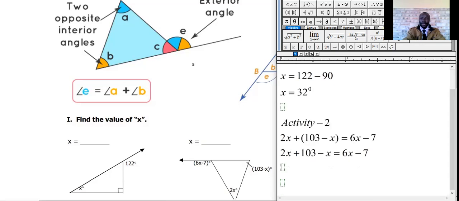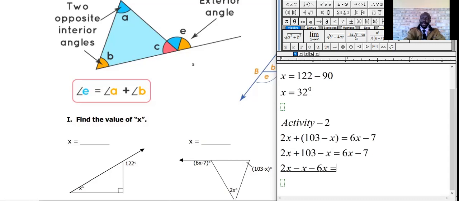So in the next step, we can now collect like terms. We are going to be having 2x minus x. What we have done is to get this close to that. Then later we also have to bring this 6x onto the left-hand side. Now notice that 6x is positive on the right-hand side, and so on the left-hand side, it's going to be negative.